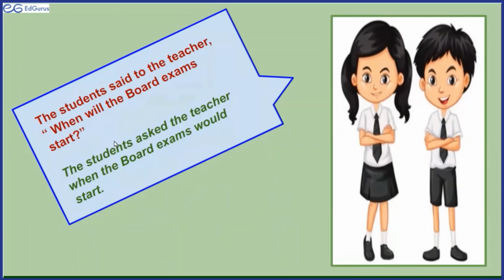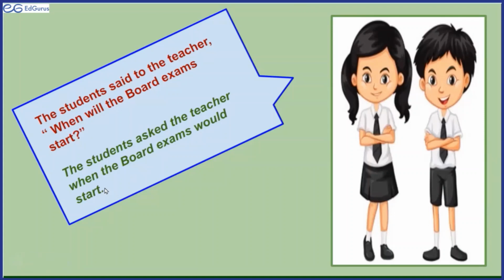But when we change it into indirect speech, it is: the students asked the teacher when the board exams would start. Now the place of "will" is changed. It's not only that "will" is changed into "would," but its position is also changed. Here comes first the subject and then the helping verb and the main verb.